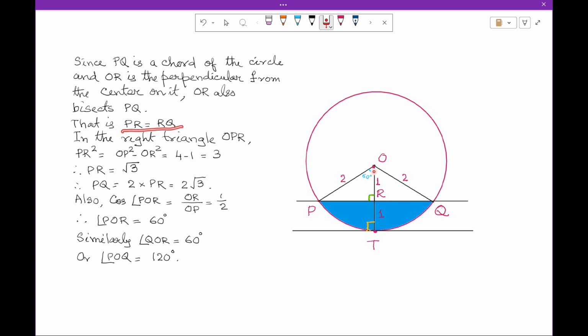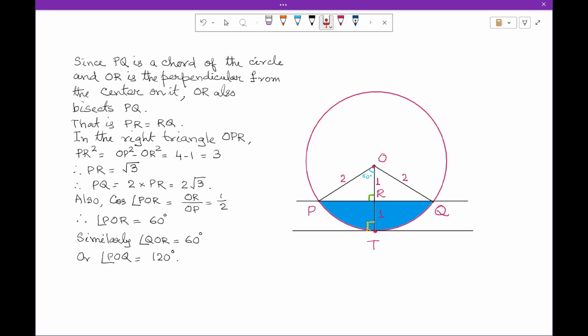Now, this is a right angle triangle because this angle is right angle. Therefore, one of the sides PR can be determined if you know the hypotenuse and the other side. That is, PR square is equal to OP square minus OR square. Now OP being the radius of the circle is 2, therefore OP square is 4, and OR we have found out earlier is 1, its square is also 1.